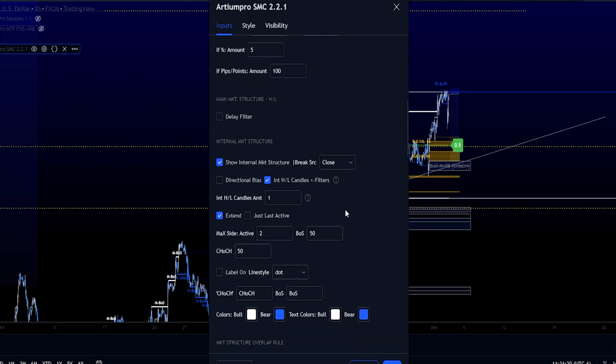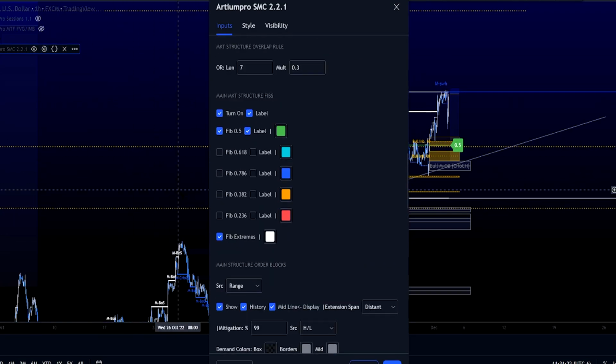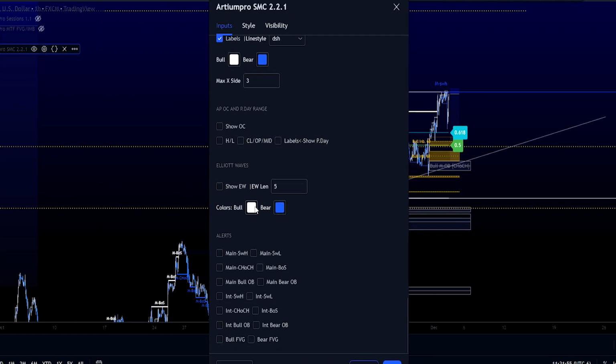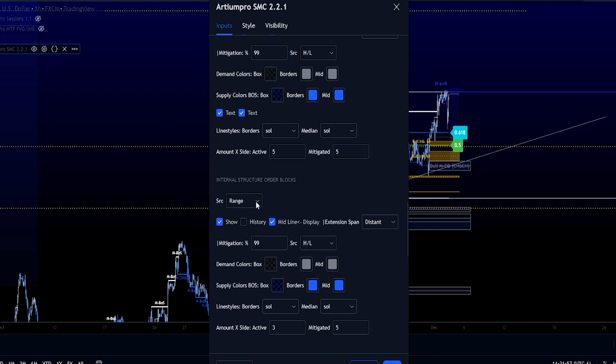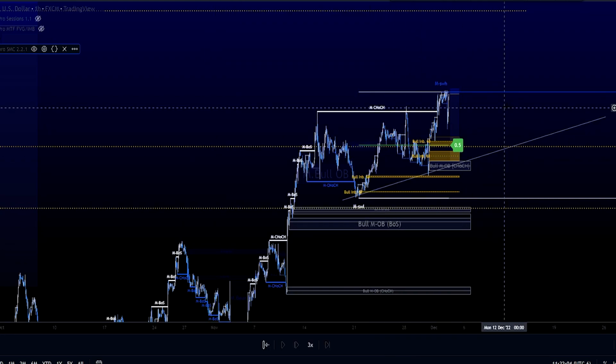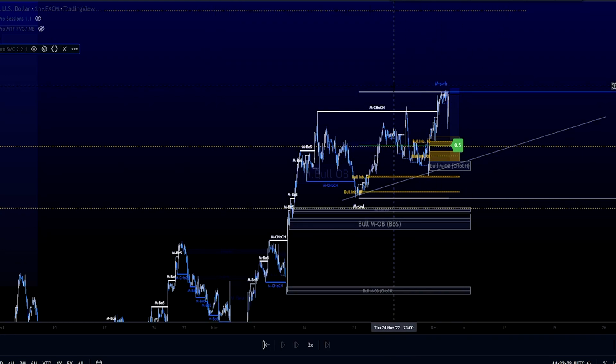Some people like the 62, so there's your 61.8. But I think your chart can get really messy, and you get a lot of stuff going on if you have a lot of this stuff turned on. So me in particular, I just use the 50% line only, along with all my other confluences. This is the way that I like to see it.